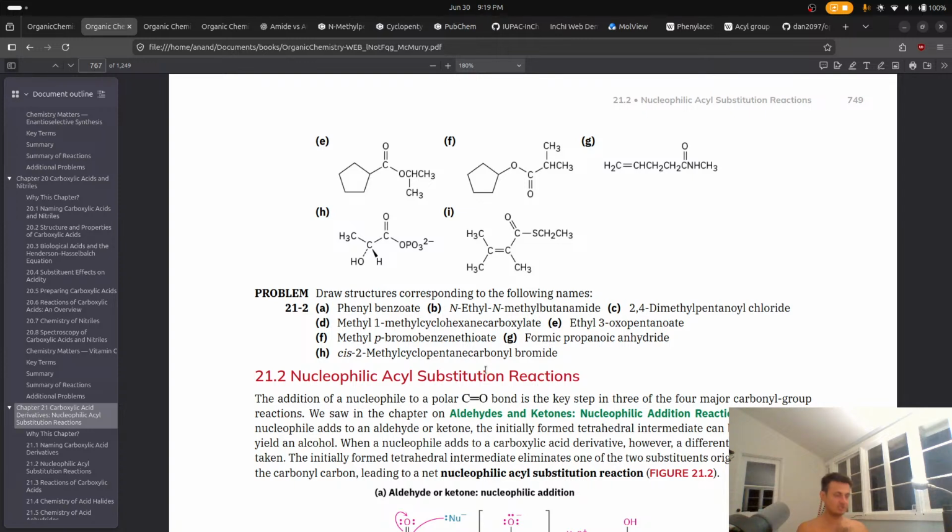Oh, wait. So we have a bromo here. Then a thioate means that we still have a double bond to oxygen, but then we have an S, and then it's just a methyl. Methyl parabromobenzene thioate.